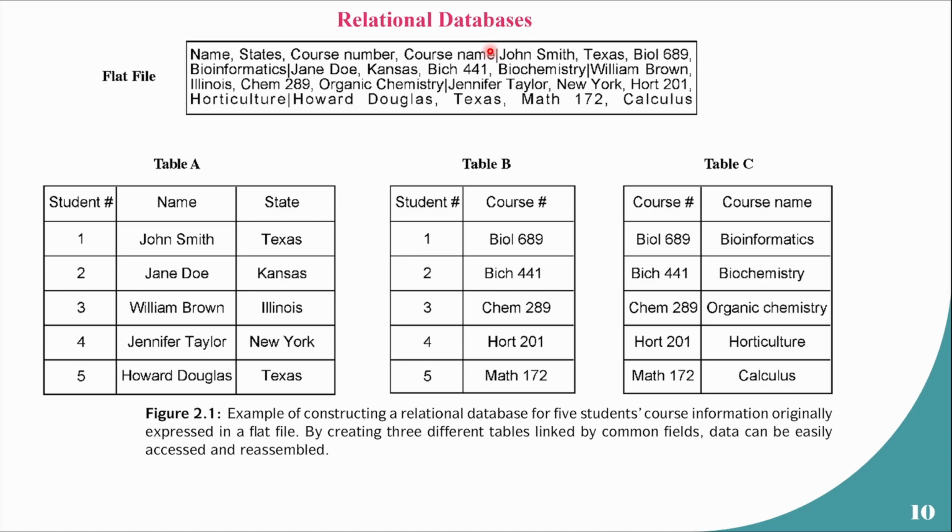Basically, you can think of it as data from certain courses, where you have the student's name, state, course number, and then course name also. So let's say it is the data for the courses from a particular department or a particular institute.